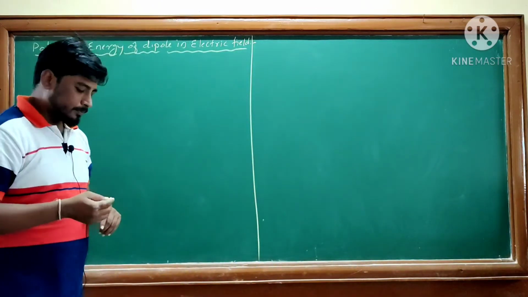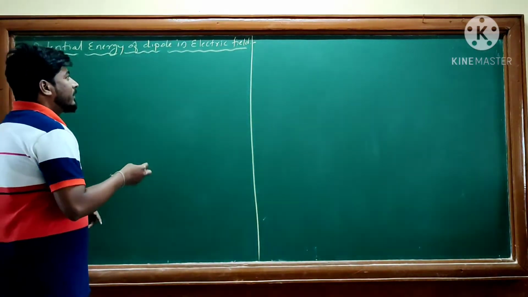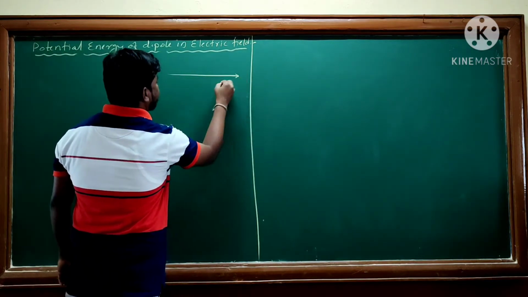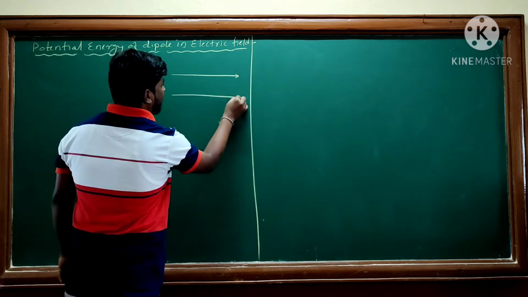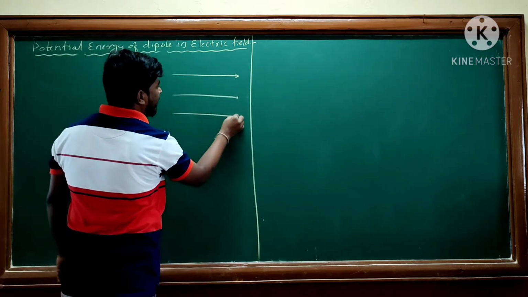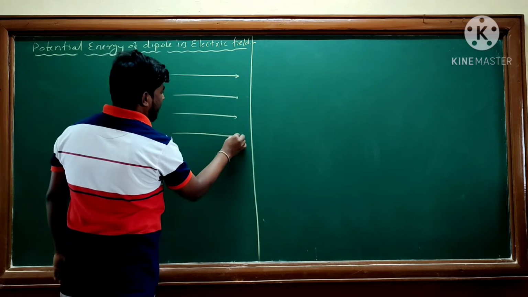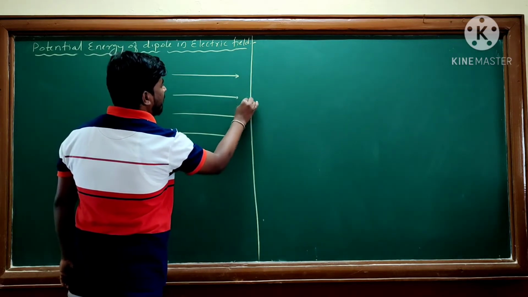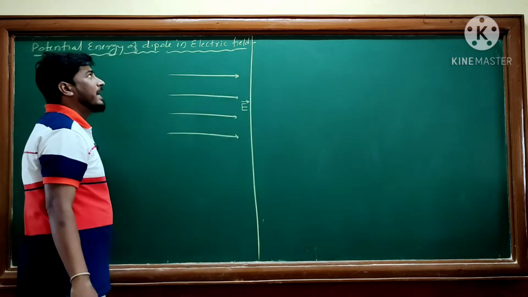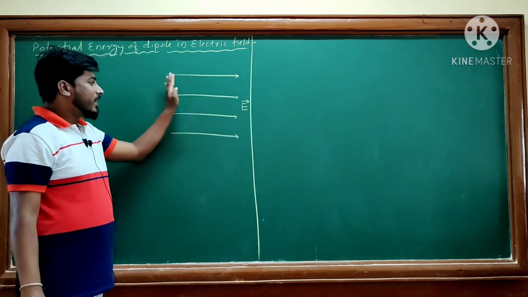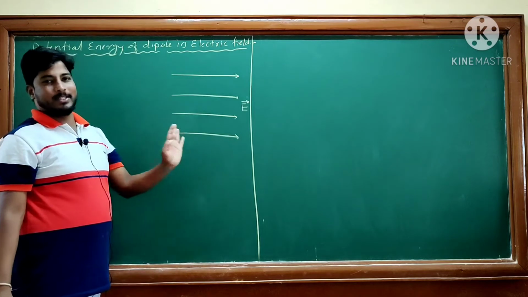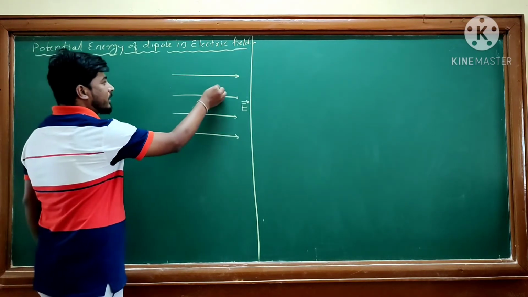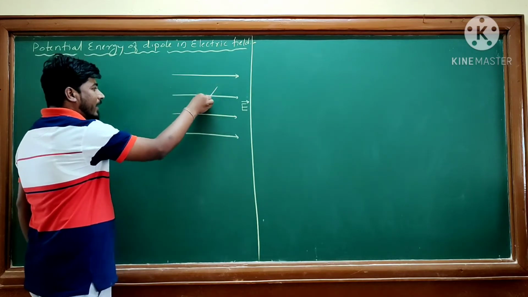See here, there is a uniform electric field. Uniform means the electric field is the same at every point on this surface. Now I will place one electric dipole.